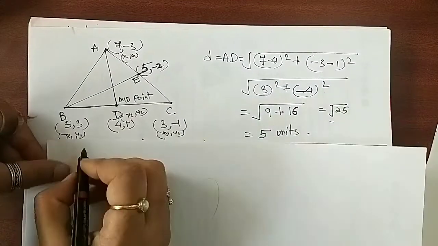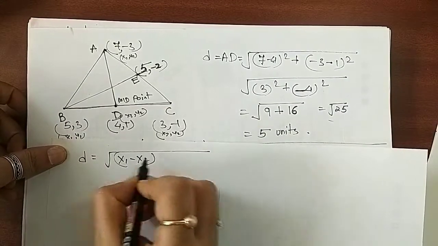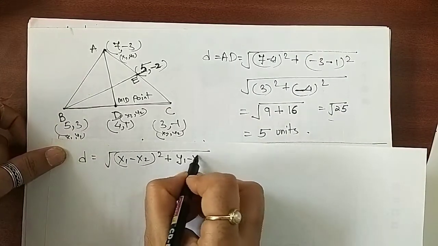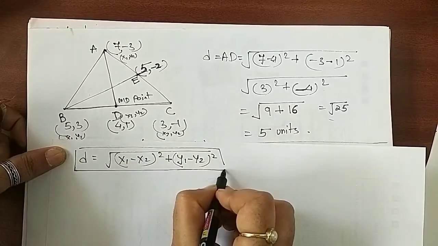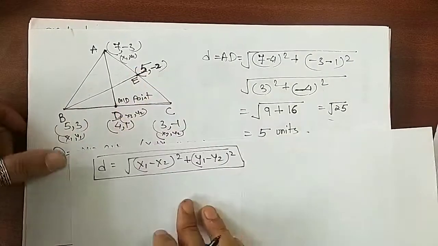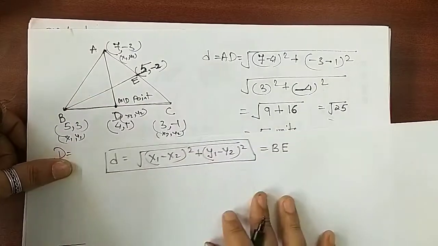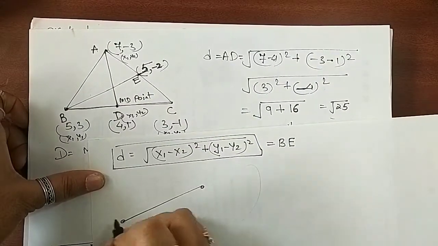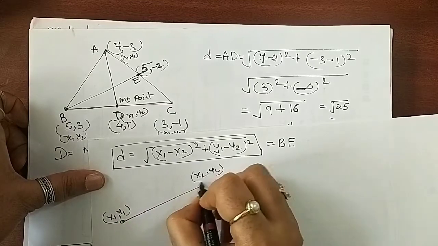So the distance formula says root of x1 minus x2 square plus y1 minus y2 square. What will be my x1 here? I am talking about the BE distance. Remember, I am talking about the BE distance. If you are not comfortable, you can make it again x1, y1 and x2, y2.